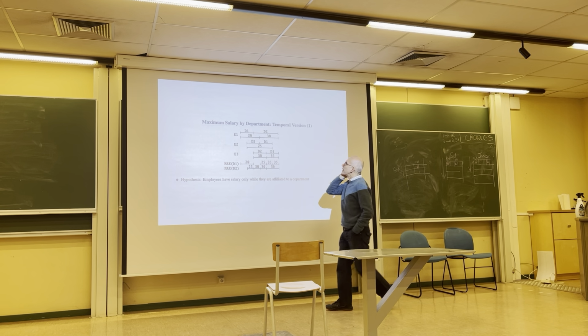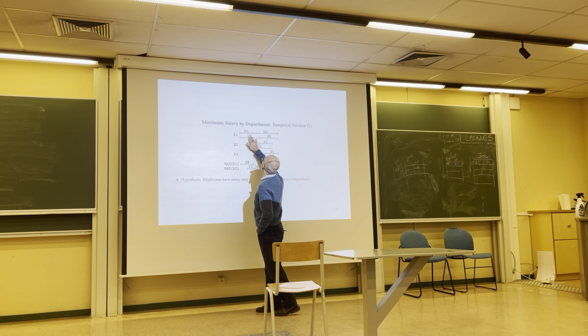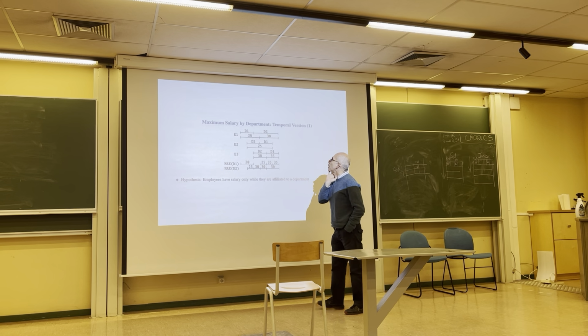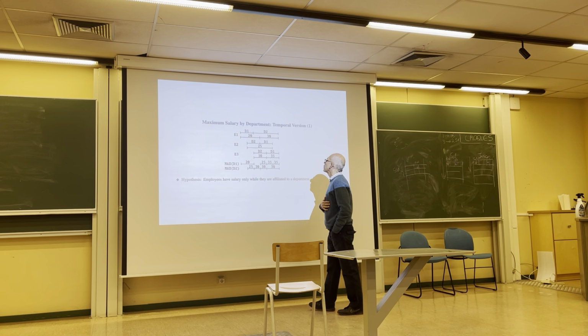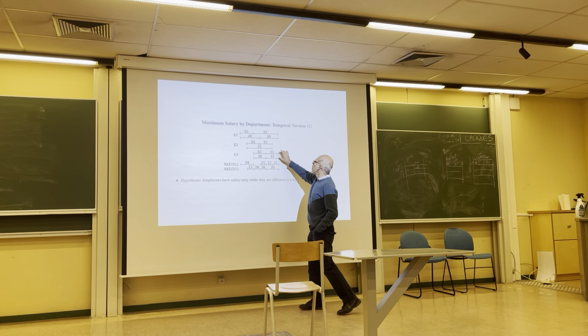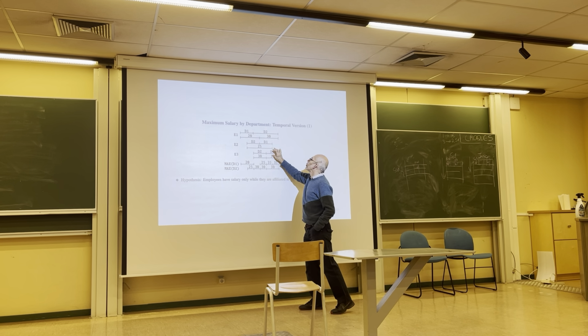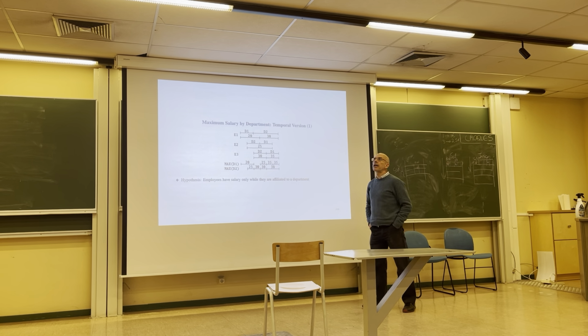Let's see this example. This employee has this salary and was affiliated to these two departments. The second employee has no salary change, but there is a department change. Third employee, simultaneous change of salary and department.